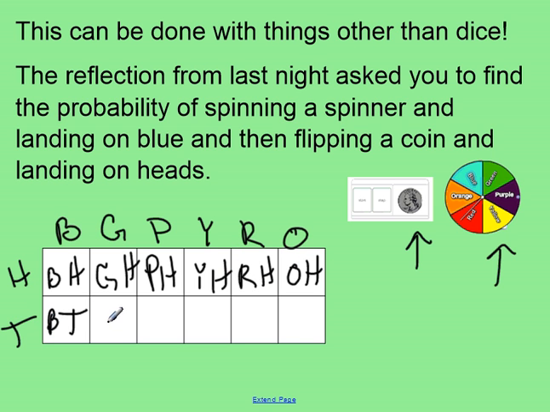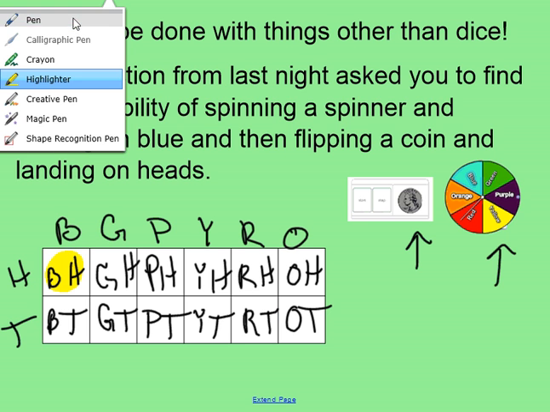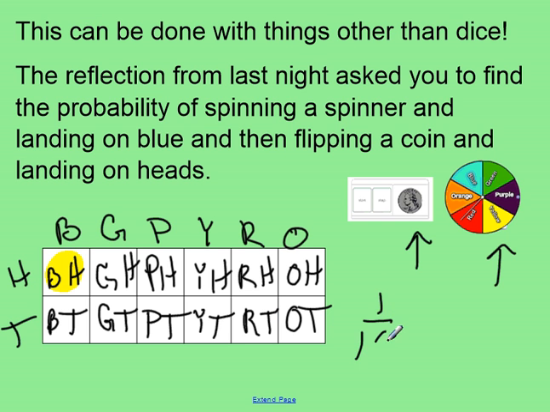This is going to remind you of the organized list that we ended up making yesterday. And then I'm looking for the number of ways that I land on blue and then land on heads. There's only one, which gives us 1 over 12, just like we did when we worked through that reflection this morning.